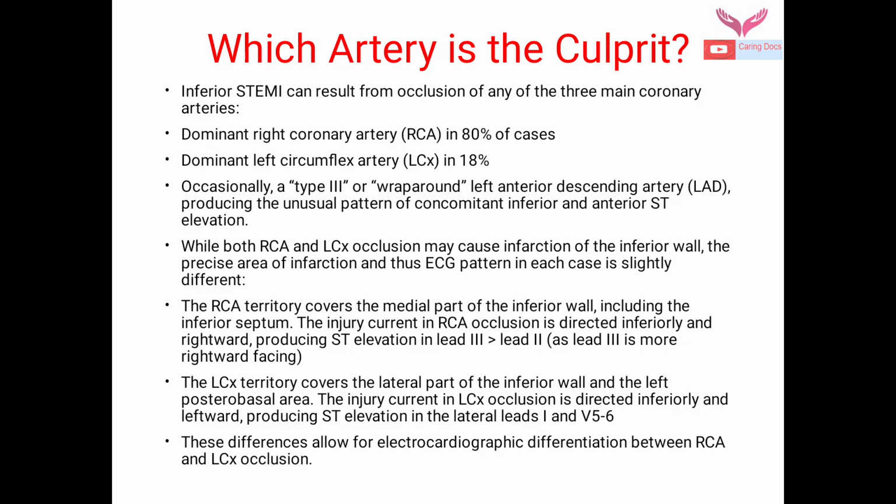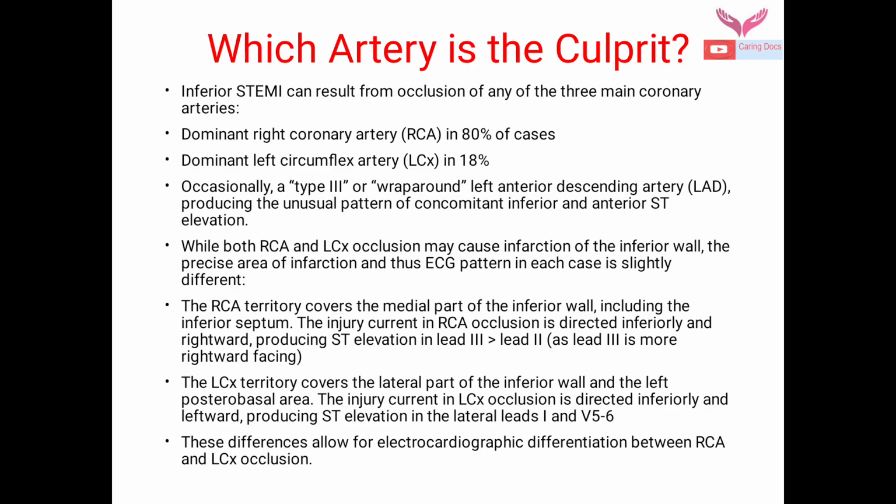Which artery is the culprit? As we know, inferior STEMI can result from occlusion of any of the three main coronary arteries. First is the dominant right coronary artery in 80% of the cases, then dominant left circumflex artery in 18% of the cases, and occasionally a type 3 or wrap-around left anterior descending artery, producing the unusual pattern of concomitant inferior and anterior ST elevation.